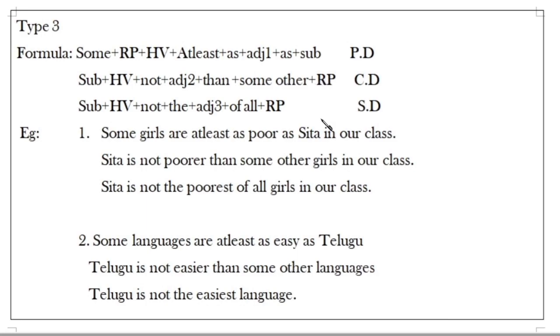As I already said, it is the negative form. Superlative degree: subject, helping verb, not, the, adjective 3 in superlative degree form, and all the remaining part of the sentence. This is the structure of the type 3 negative form of degrees of comparison.